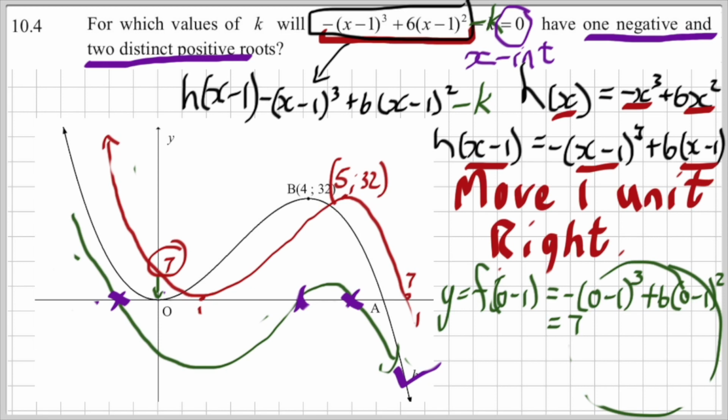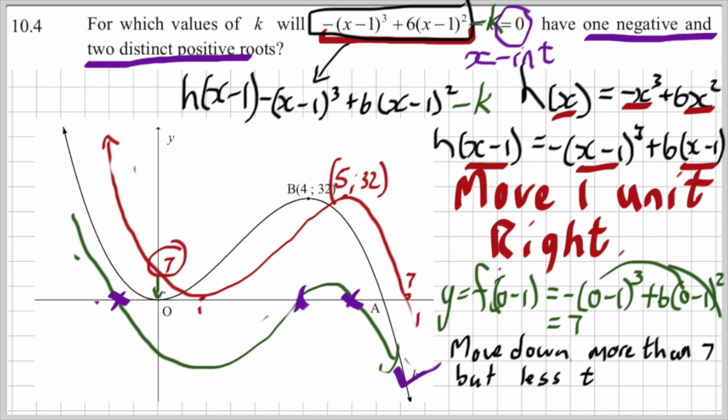By doing that, ladies and gents, I know that I can see my answer as being my graph must be moved down more than 7 units, but less than 32. By moving it more than 7 units, then I'm going to have my y-intercept there, which I like because it gives me those 3 specific x-intercepts.